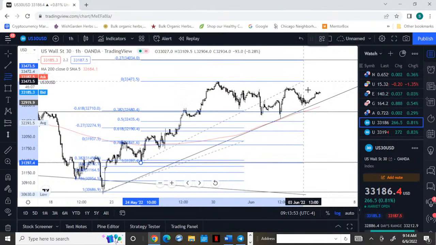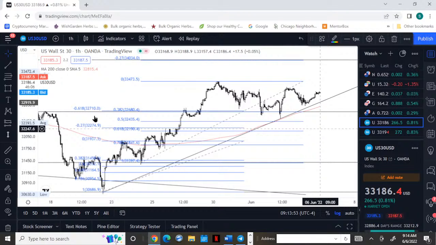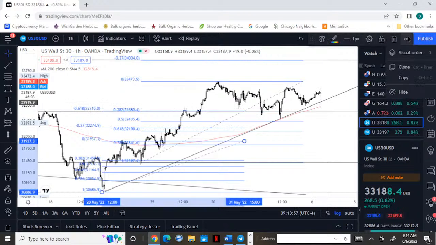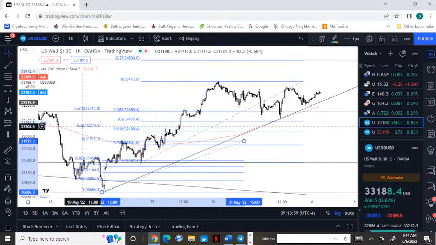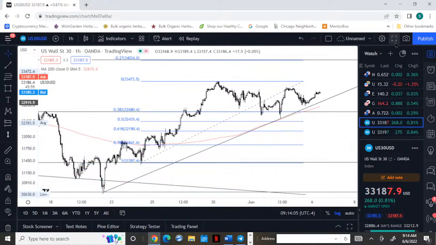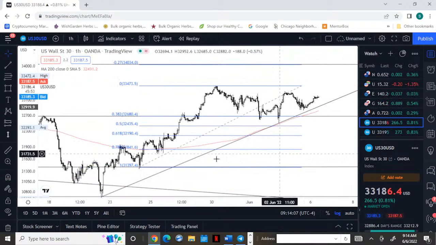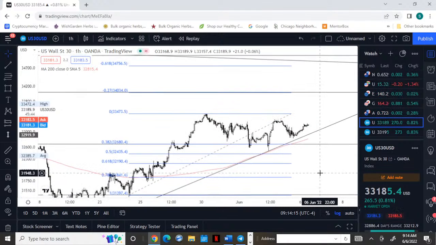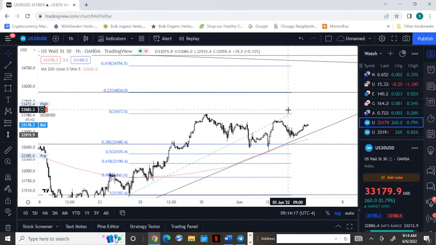And let's see. Looks like price came to the 382 and gave a double bottom and rejected at this trend line. Didn't quite get TP1, but it came close.